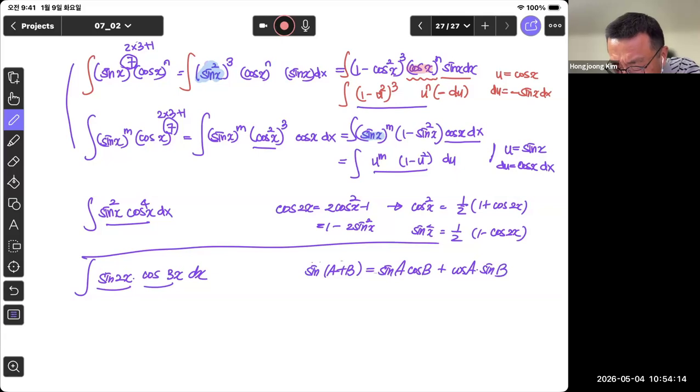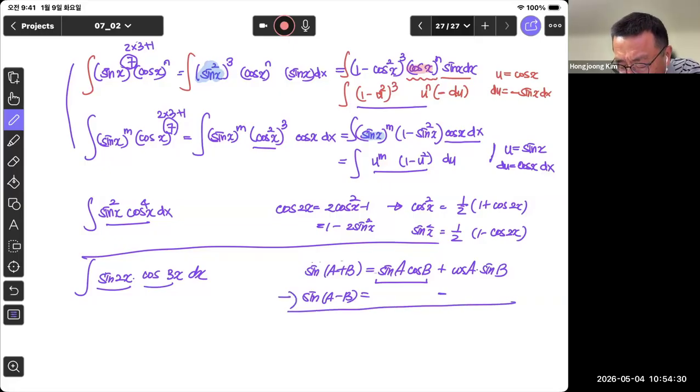So sine A cosine B comes from, so the angle becomes this negative sign here. The sign becomes this.